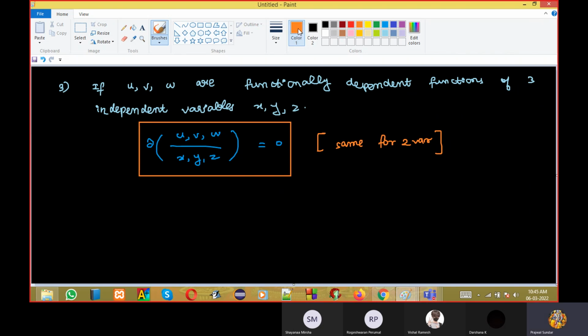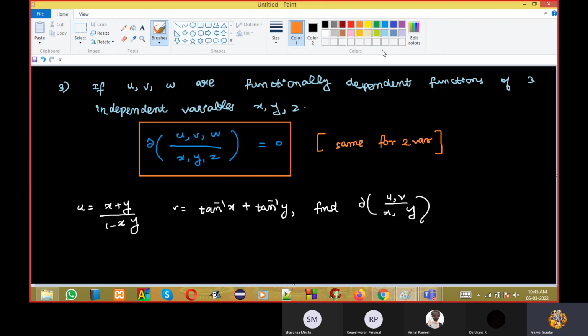I'll give a simple example. Look carefully. Suppose I'm giving function u as x plus y by 1 minus xy, and v as tan inverse of x plus tan inverse of y, and I'm saying find dou of u comma v by x comma y. I'll apply this formula. Tan inverse of x plus tan inverse of y is tan inverse of x plus y by 1 minus xy.